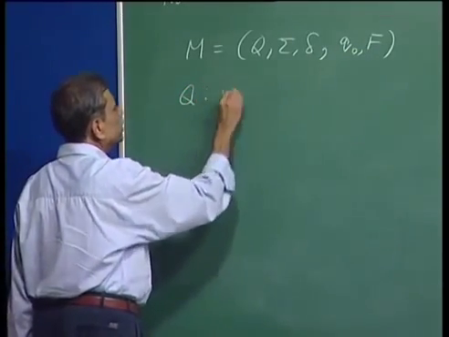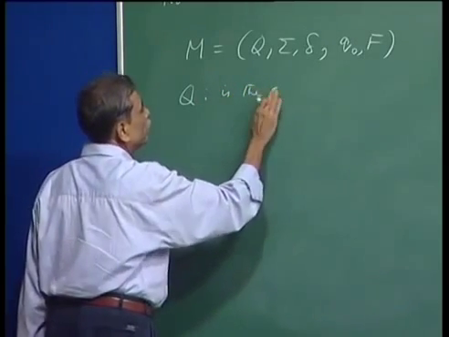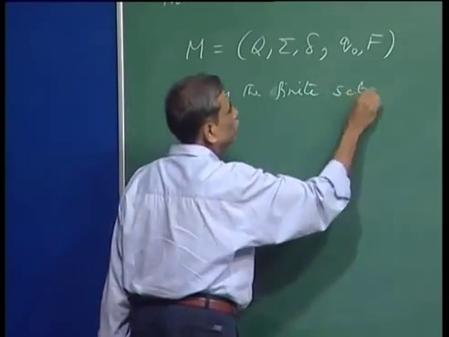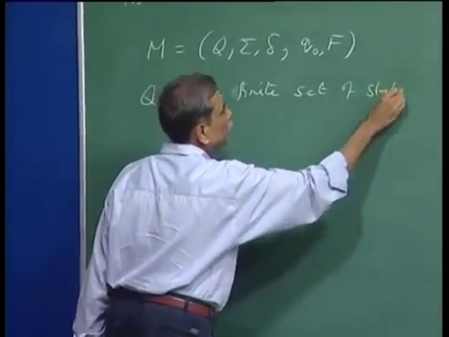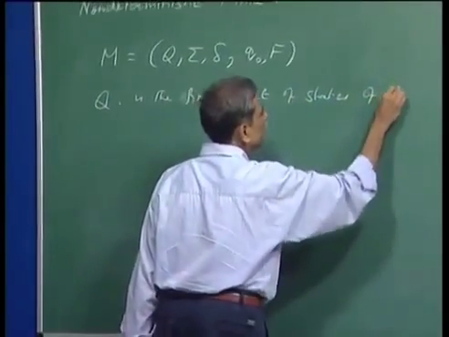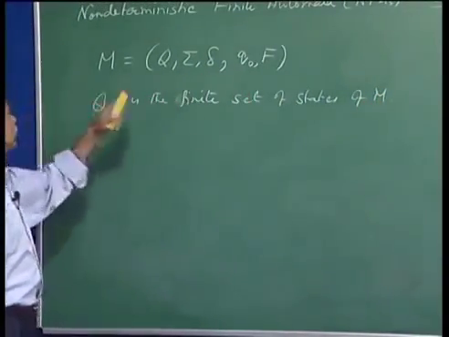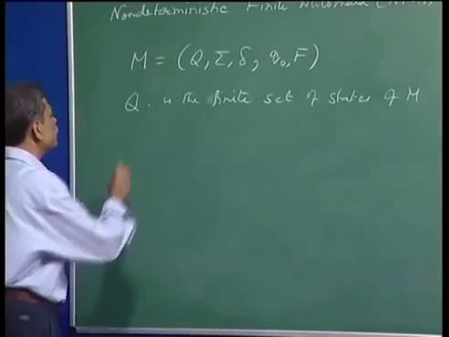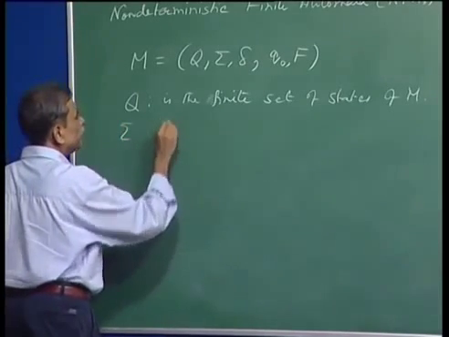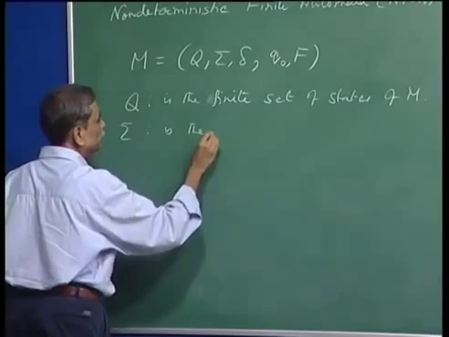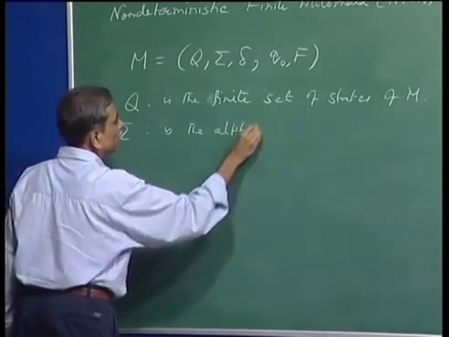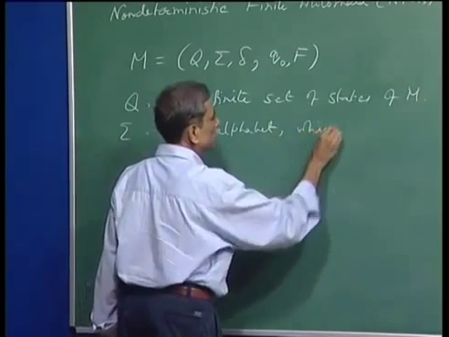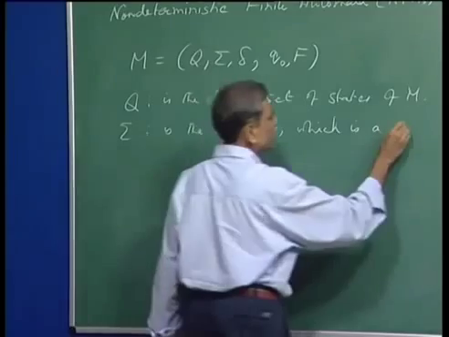Q is the finite set of states of the machine M. In other words, an NFA also has a number of states, and that number is finite. Sigma is the alphabet, which is a finite set of symbols.